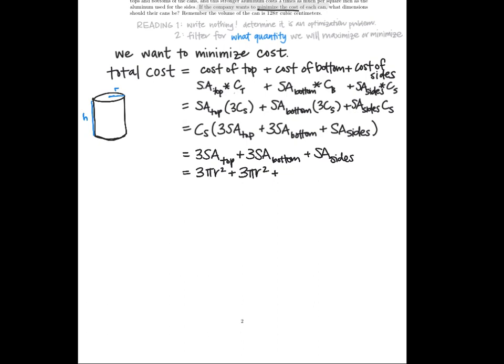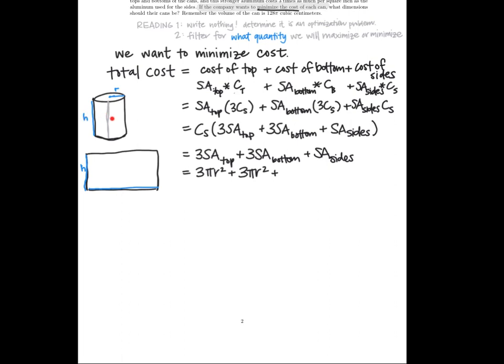If you were going to look at the surface area of a can, you would take that side piece and slice it down the front and unroll it, and you would get a rectangle. Now the area of that rectangle is its length times its width, and one side of that rectangle comes from the height of that cylinder, but the other side of that rectangle is certainly not the diameter there.